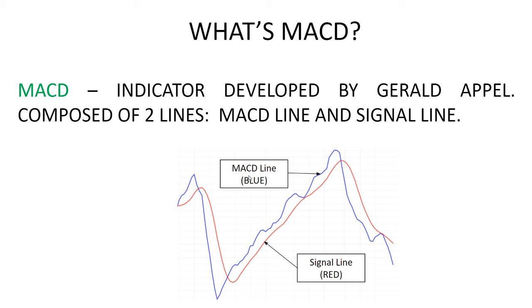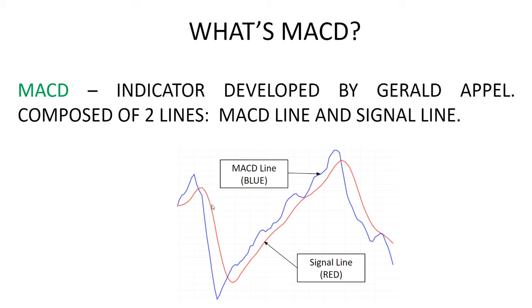Now, what's MACD? MACD is an indicator developed by Gerald Appel. I'm sorry, my friends, I'm not 100% sure, but we'll say Gerald Appel, and it is composed of 2 lines. The MACD line and the signal line. We see the MACD line is blue and the signal line is red.